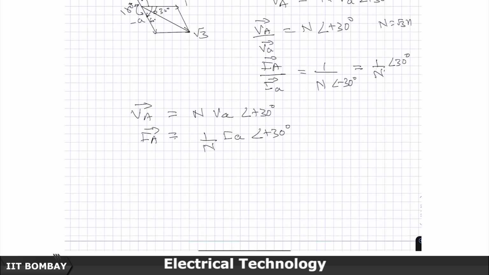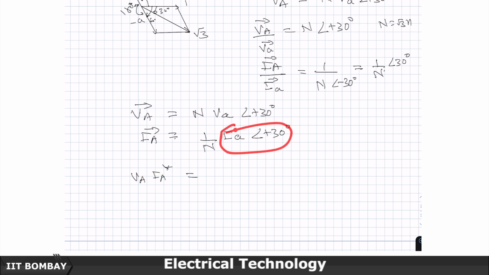So therefore, when you do VA IA, I am sorry, complex power calculation, VA IA star, then when you multiply, this n cancels with this, 30 degrees cancels with, because I am doing a star operation.